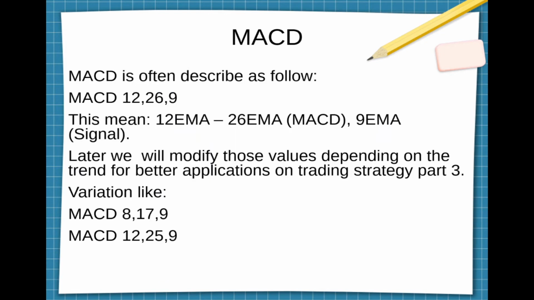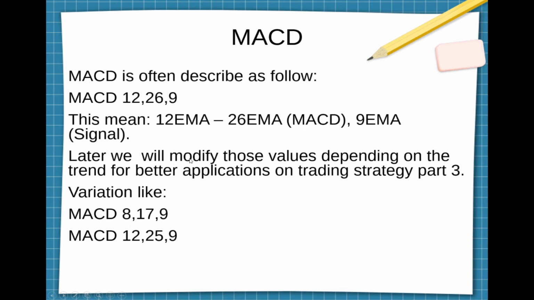So MACD is often described as follows. For example, you hear traders say, I got the MACD 12 26 9, but some traders use a different MACD. This means 12 EMA, 26 EMA MACD, 9 EMA signal line.